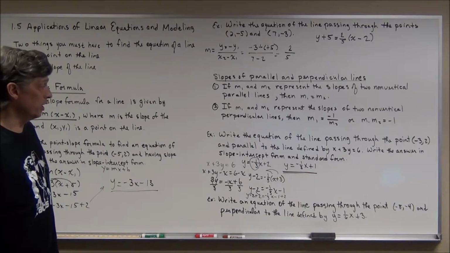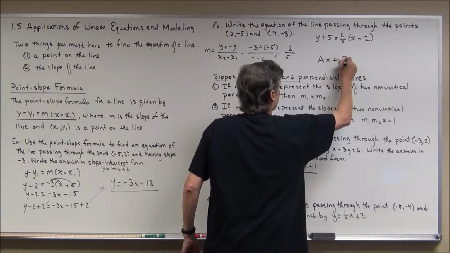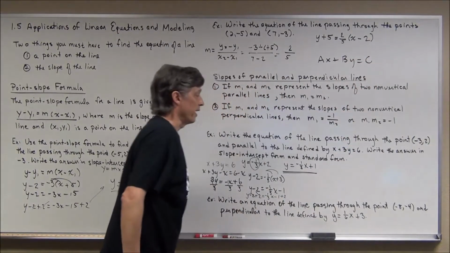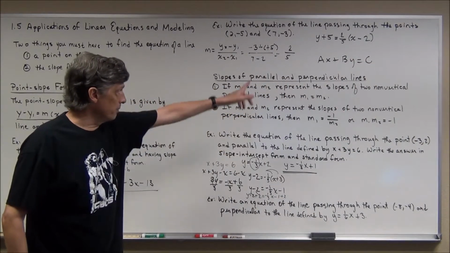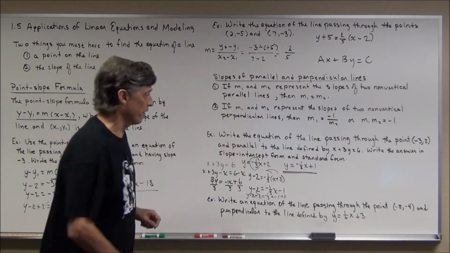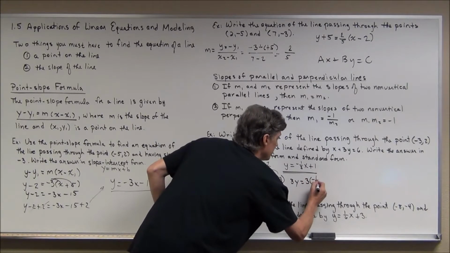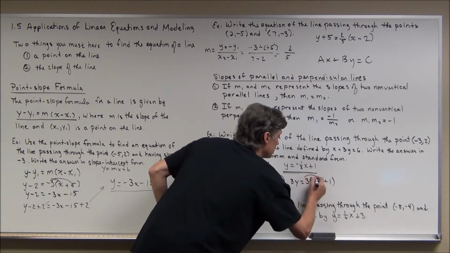Now to put it into standard form, remember standard form is ax plus by equals c. No fractions. And a and b are not both 0. I am going to multiply through by 3 to get rid of the fractions. So I have to distribute.